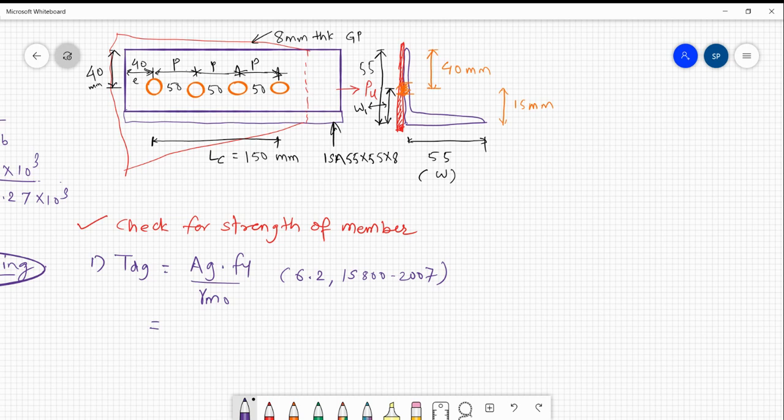Once we select that particular member, we will be getting that value. So AG is 818 mm square, into Fy value 250, divided by gamma m0, again from table number 5 of IS 800 2007, which is 1.1. So this TDG value appears to be 185.90 kilonewton.